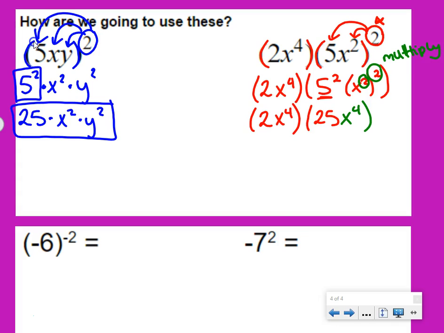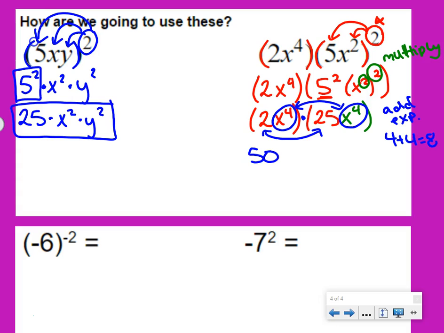Lastly, we do our multiplication. Do like things. So 2 times 25 is 50. And then x to the fourth times x to the fourth. Here we're multiplying powers, which means we add the exponents. So 4 plus 4 equals 8. So 50x to the 8th power.